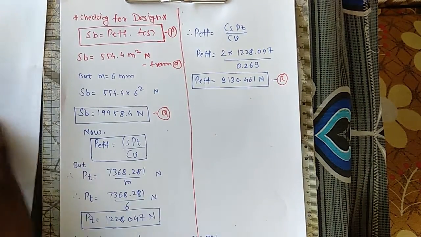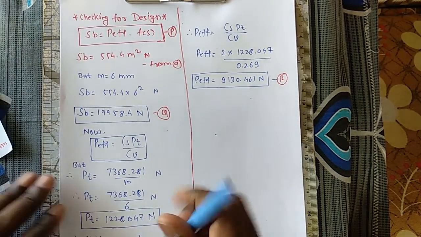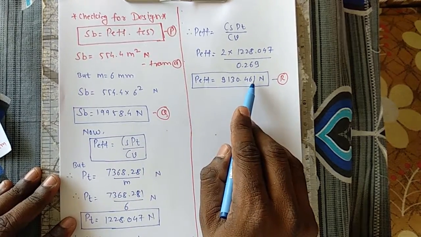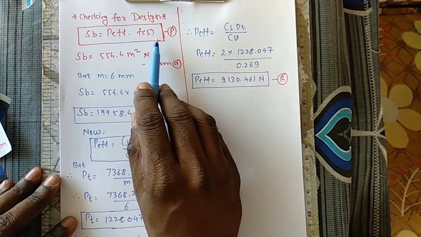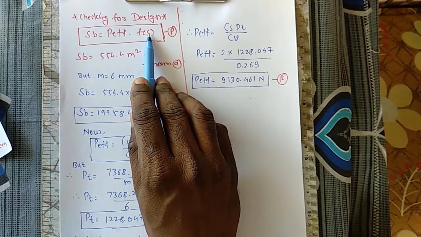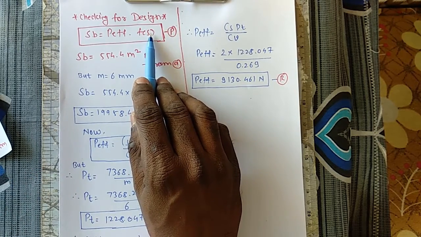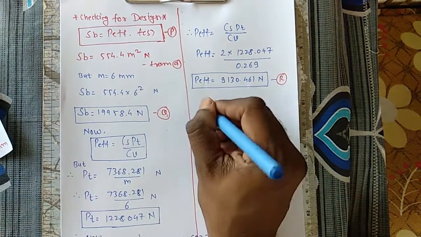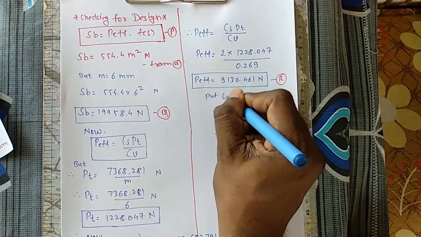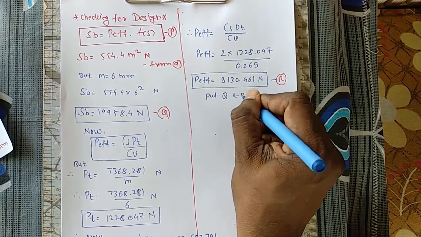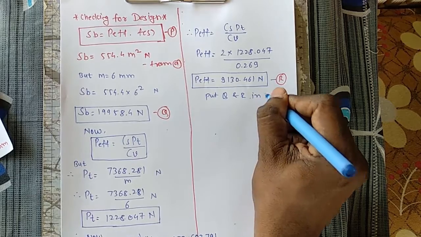Now I will put equation Q and equation R in equation P, so that I will check whether the factor of safety which I calculate is greater than the factor of safety given in the problem or not.